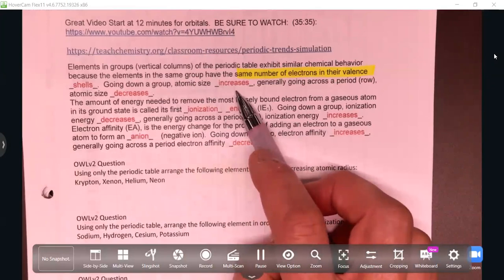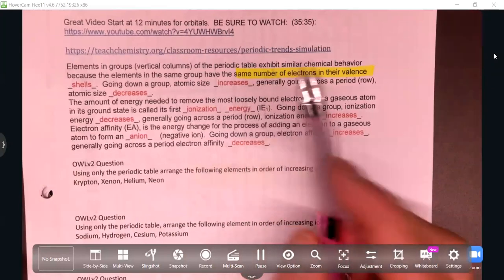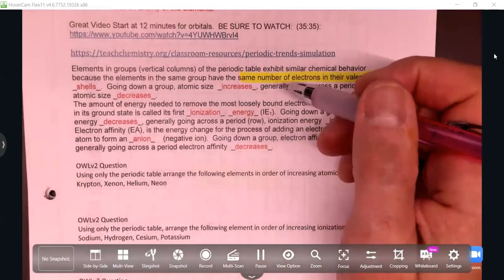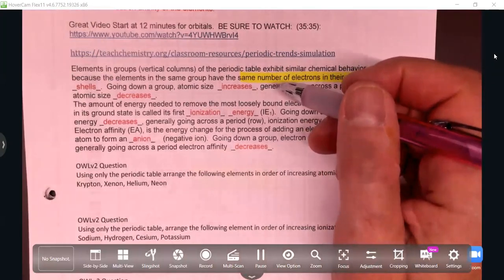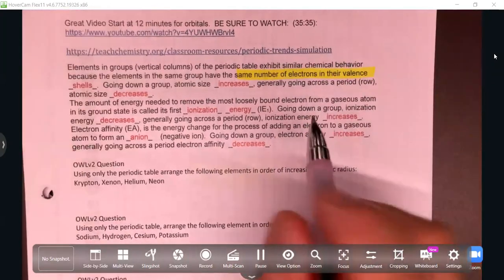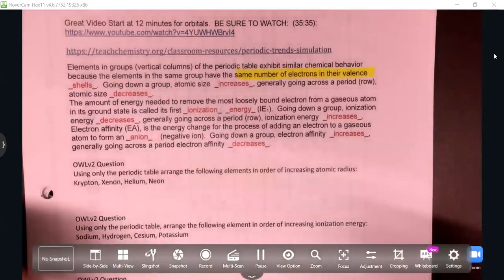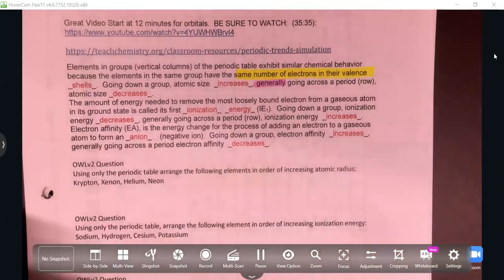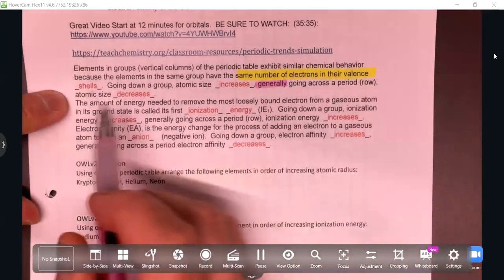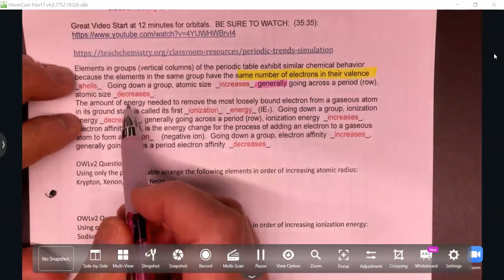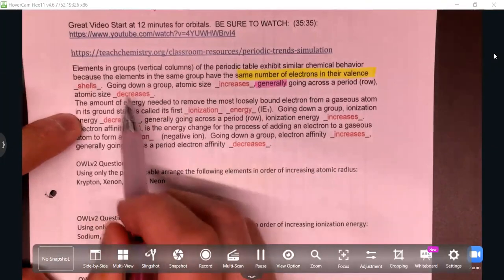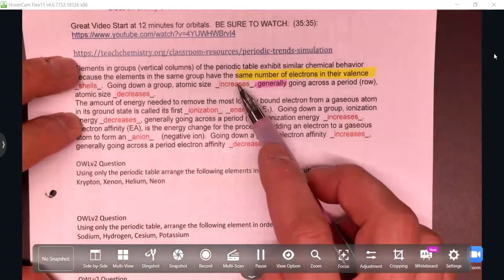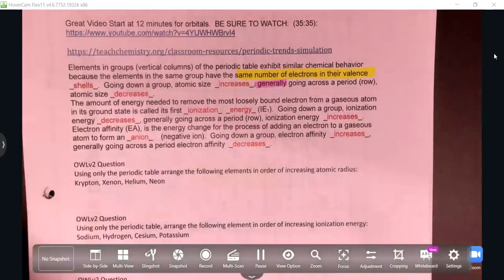That is kind of an easy concept as you go down a group because you're gaining energy levels, right? Now, here's the word generally, because it is chemistry, nothing's 100%. Generally, going across a period or row, atomic size decreases. So when we get all done with these, we're going to go to our periodic table and we'll draw arrows to summarize this.